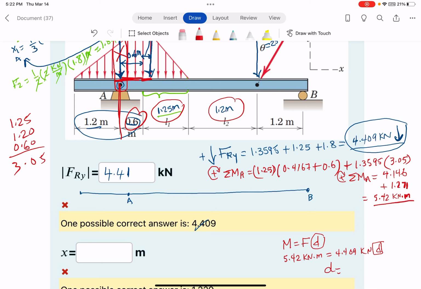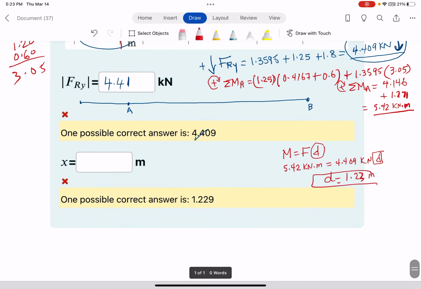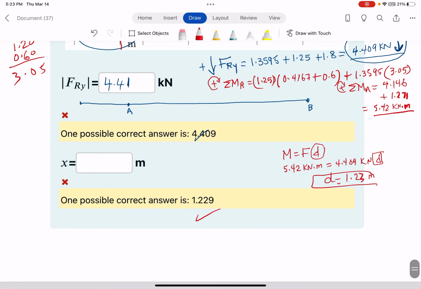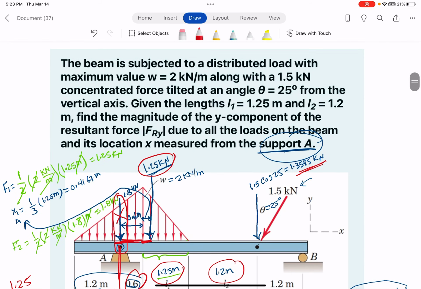So the distance is equal to 5.42 divided by 4.409, and that would give you 1.229, or 1.23 if you want 3 significant figures. So this is in meters, and that is the distance. Just put it here, 1.23. And that is it for this problem.